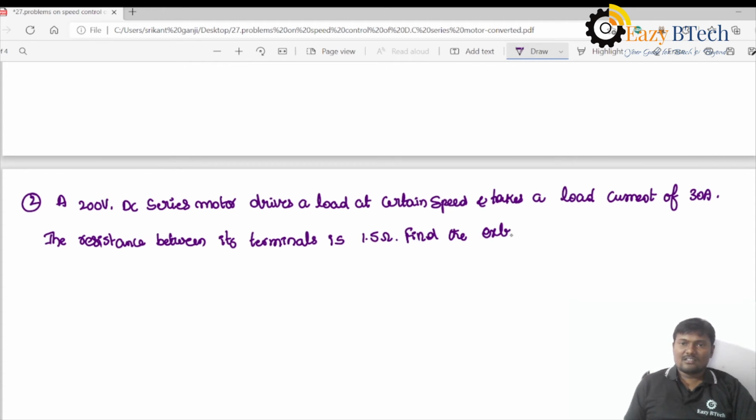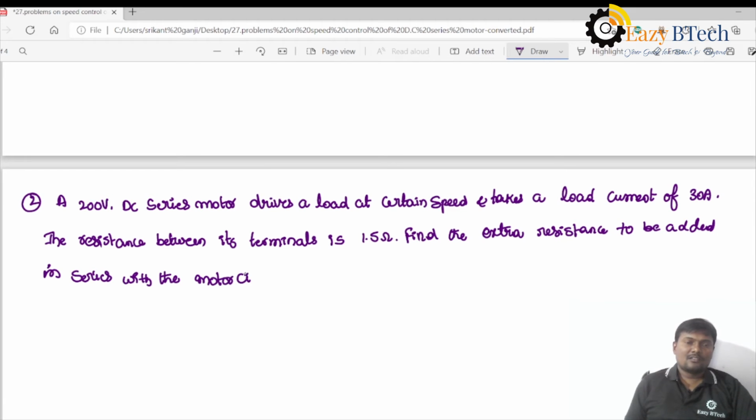Find the extra resistance to be added in series with the motor circuit to reduce the speed to 60% of its original value.